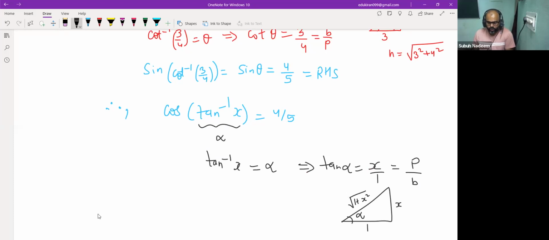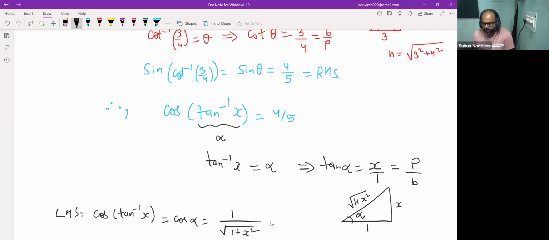So you can say that cos of tan inverse x, which is the left hand side, is cos of alpha, which is base upon hypotenuse, 1 by root over 1 plus x square.